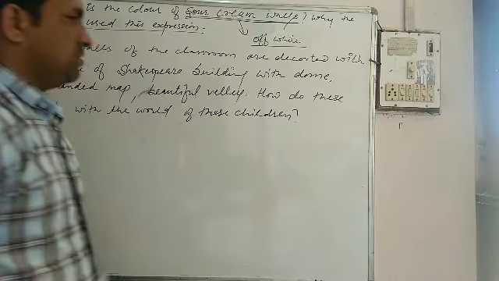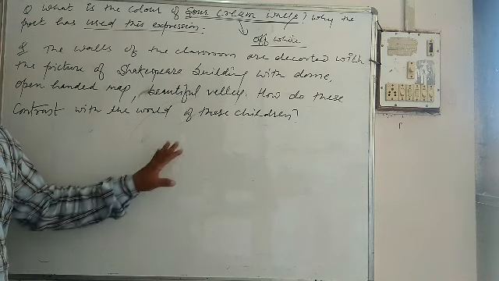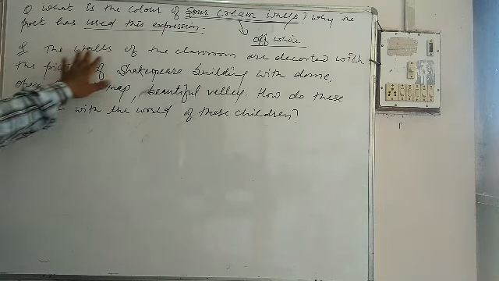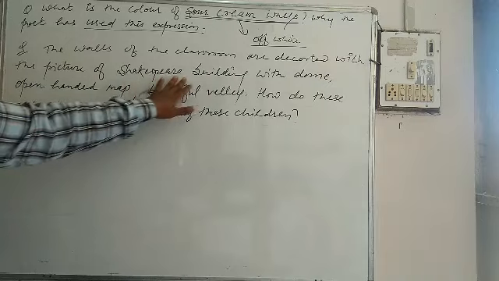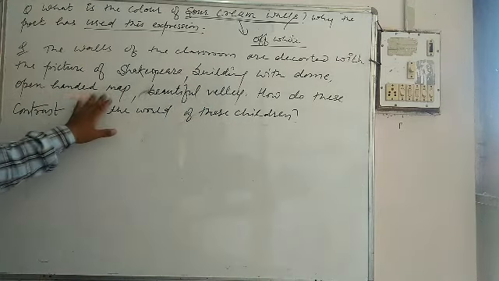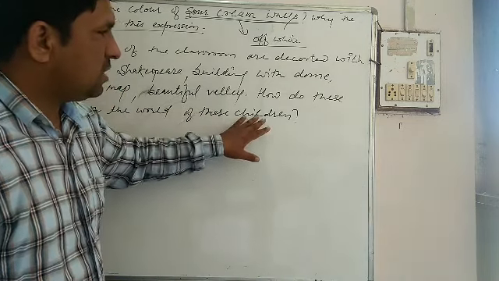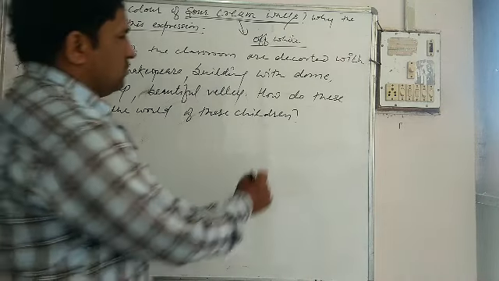I have a suggestion. Never try to cram such types of questions, because most of the answer is involved in the question itself. Let's see. The walls of the classroom are decorated with the pictures of Shakespeare, buildings with domes, an open-handed map, a beautiful valley, a rising sun. There are so many fabulous objects pasted on the classroom walls.